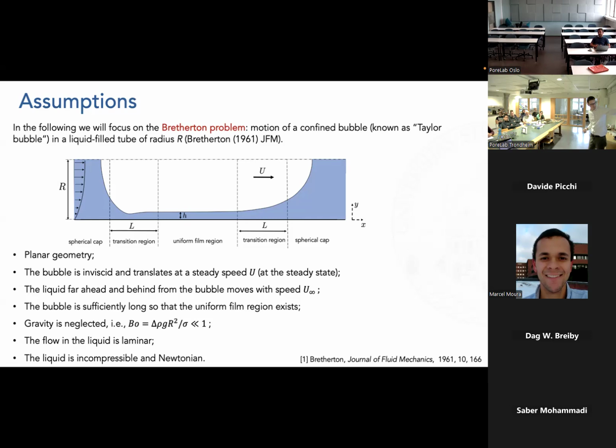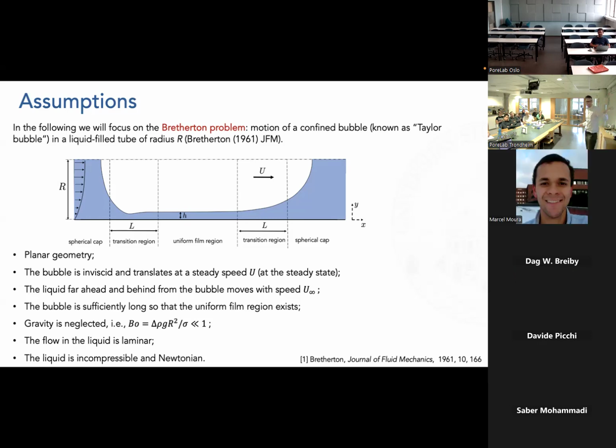We have a sort of spherical cap at the beginning, where surface tension dominates over viscous effects. Then you have a transition region. Then there is a region of the bubble where the film is flat. Then you see some oscillation, and then again a spherical cap. This is a typical shape of the Bretherton or Taylor bubbles in small diameter channels.